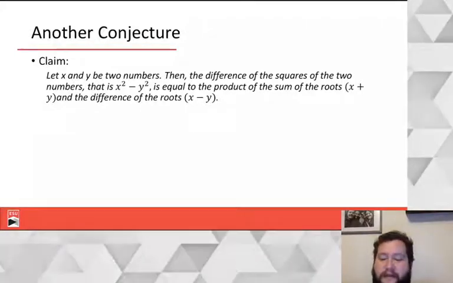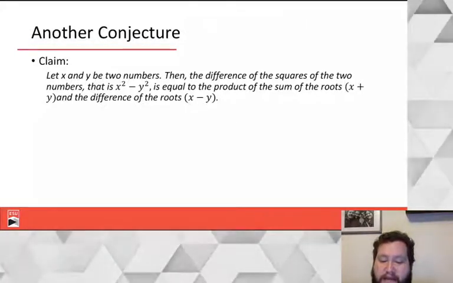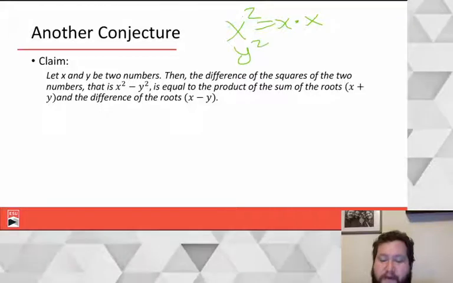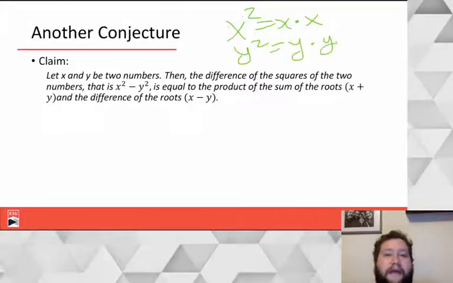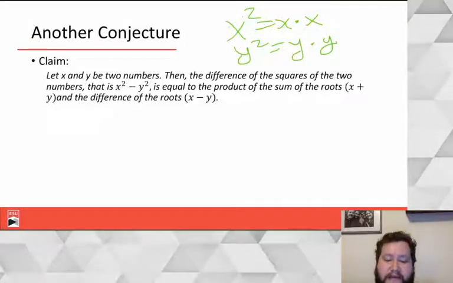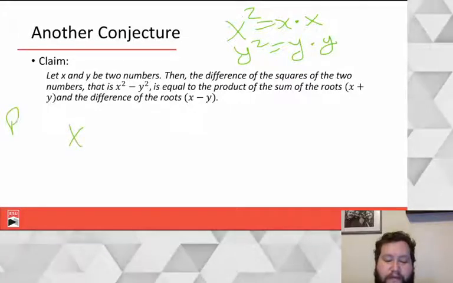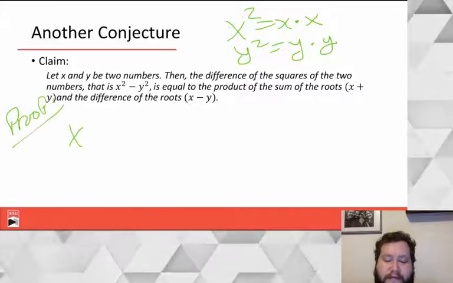Right, because if I look at x squared, it's really x times x, and y squared is y times y. What we get is x squared, so our proof is x squared minus y squared.